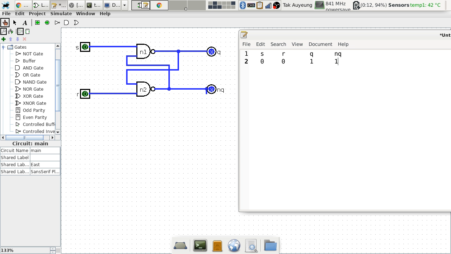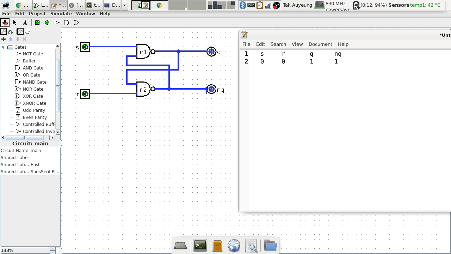So it makes sense because N1 has at least one input being a 0, so the output is guaranteed to be a 1. The same thing can be said about N2, because one of its inputs is guaranteed to be a 0 since the input pin is a 0, so the output is guaranteed to be a 1. Okay, any questions? Are we good on this?